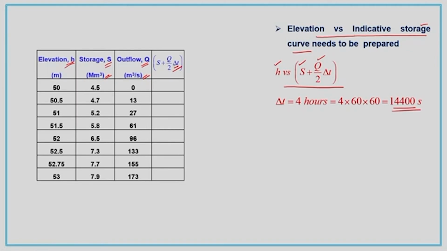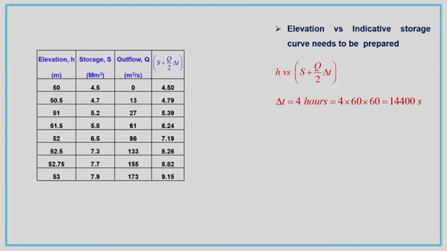So Q by 2 delta T we need to calculate, which is why we are converting delta T into seconds. So we can compute the indicative storage and it is listed in this column. So S plus Q by 2 delta T is with us.